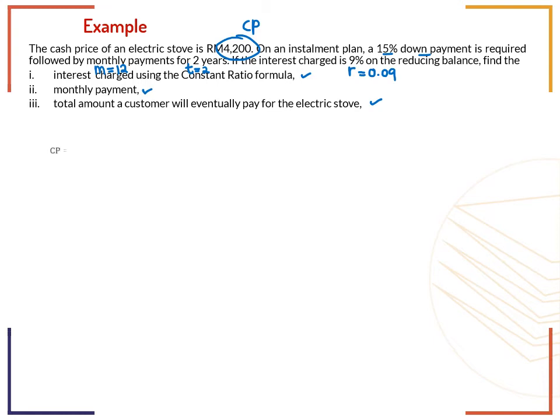Since the cash price is 4,200 and the down payment is 630 ringgit, therefore the original balance is 3,570 ringgit. As given, M is 12 and T is 2, therefore N is 24.